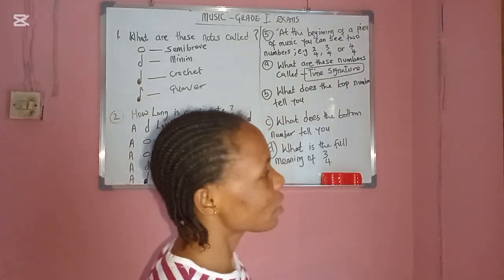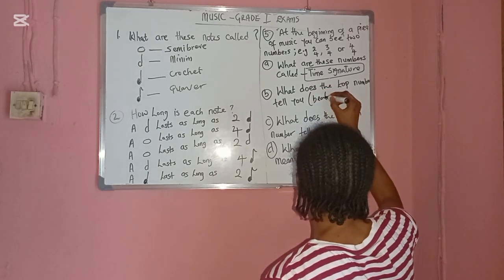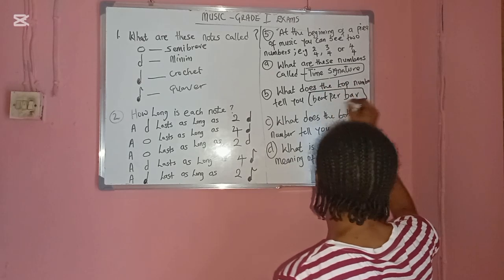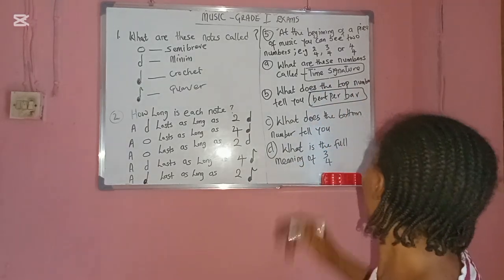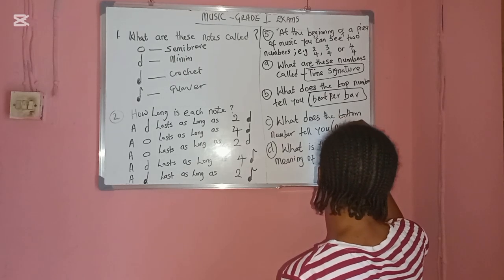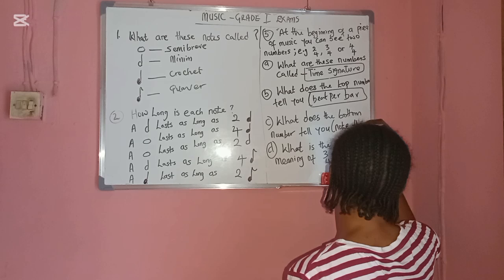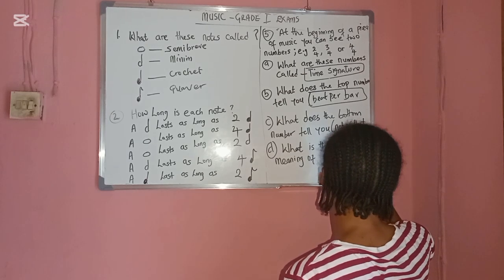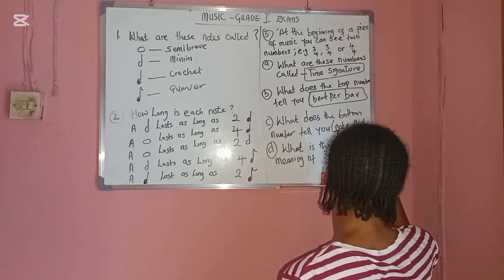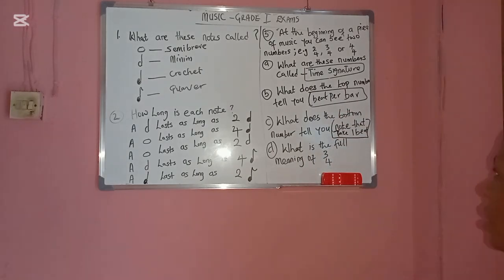So that means the top number means beats per bar. Sorry. What does the bottom number tell you? Note that takes 1 beat.